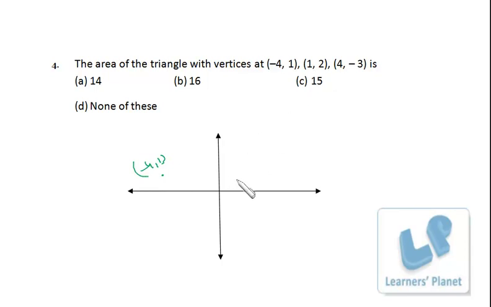Then we have 1 and 2, so this is something around 1, and then if this length is 1, 2 must be somewhere here, so it is 1 comma 2. Then we have 4 and minus 3, so this is 4 and this is minus 3. So we got this triangle.